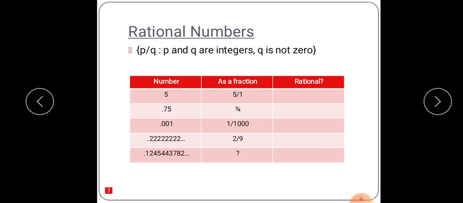So in such a case, when the digits neither end nor repeat, such numbers are called non-terminating and non-recurring. Means neither it is ending nor it is repeating. So the last one is non-terminating and non-repeating.